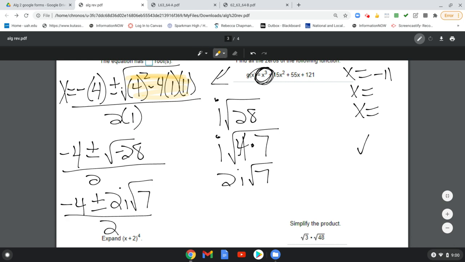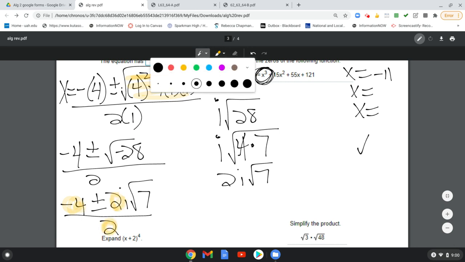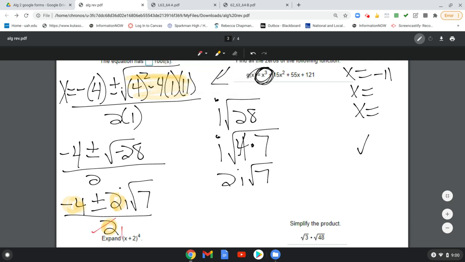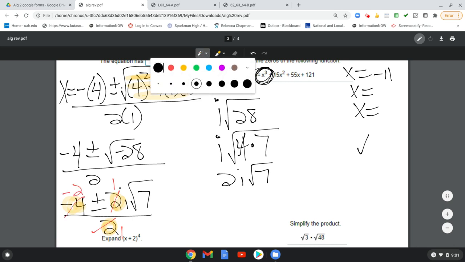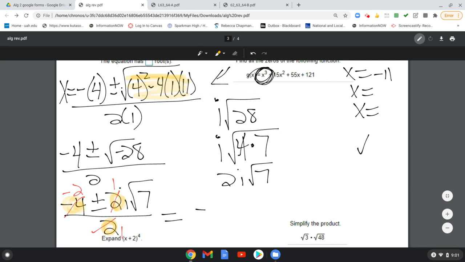Now, the last thing you need to do, look at these three numbers. If you can reduce them all by the same thing, that's great. If you cannot, then it stays. But I can reduce all of those numbers by 2. So my final answer would be negative 2 plus or minus i square root of 7.